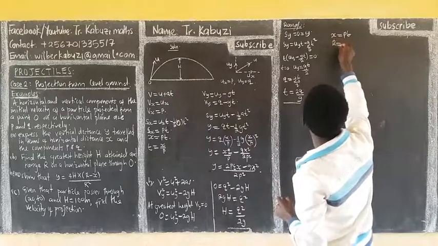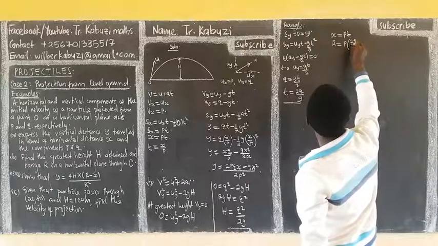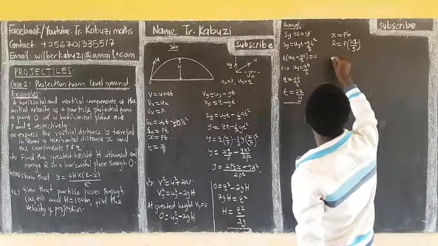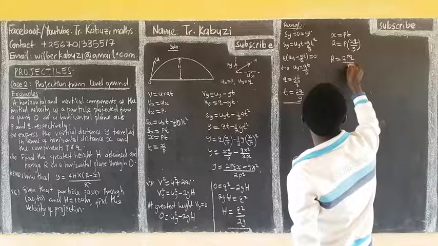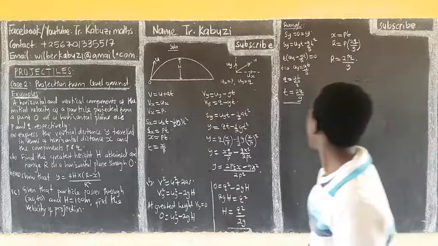So our r will be p times t, which is 2pq over g. That's how we get that range there.